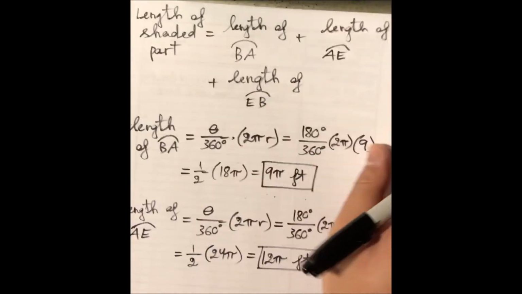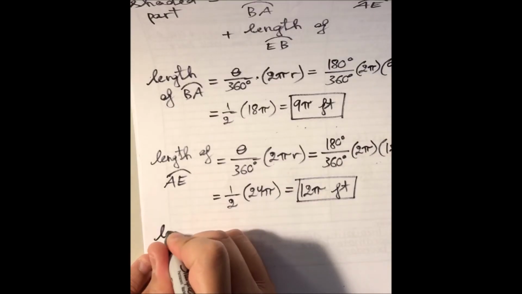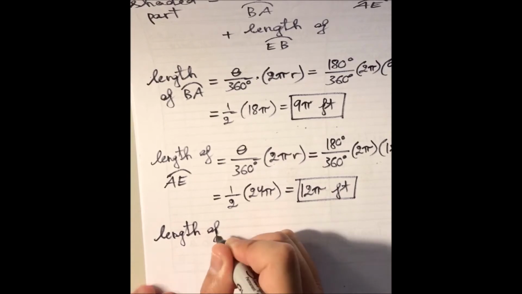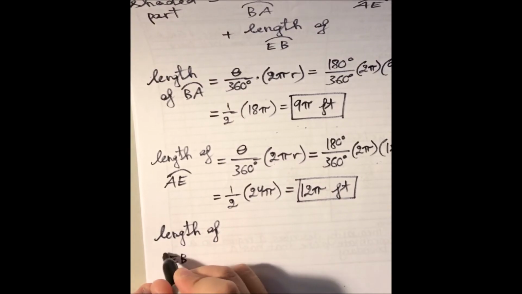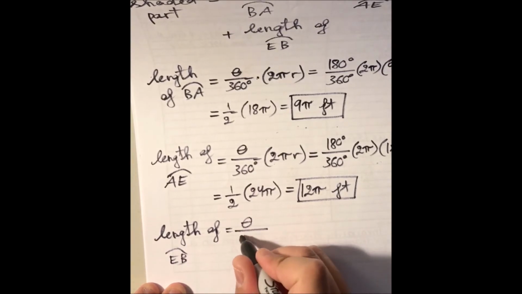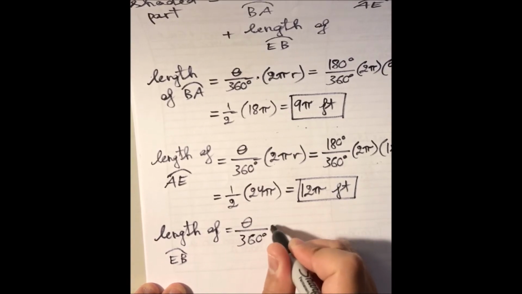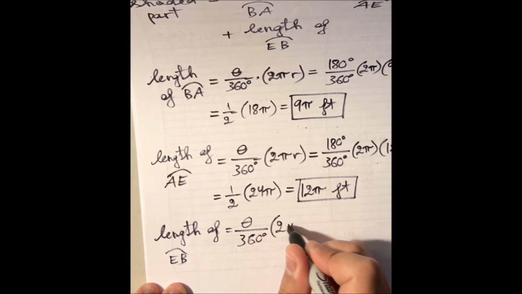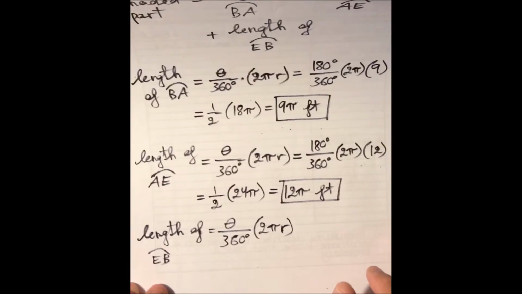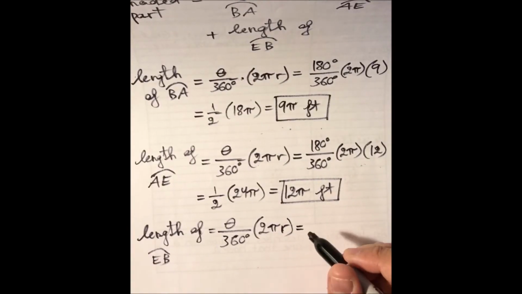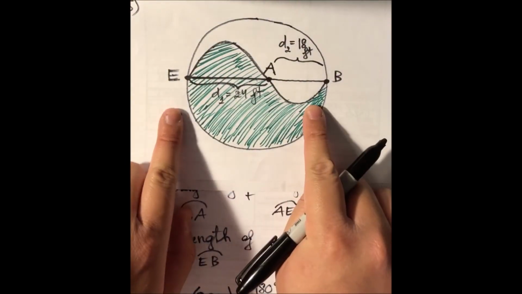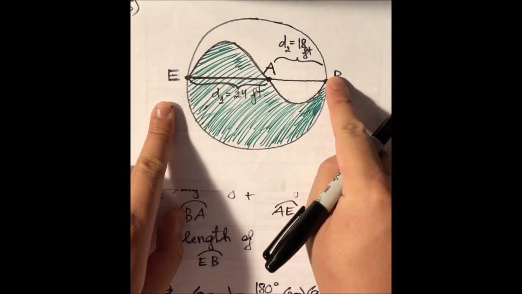Now let's find the length of the third part. So the length of minor arc EB is still going to be the central angle theta divided by 360 degrees multiplied by 2 pi r, which is the formula for the circumference of a circle. If we take a look at the arc from E to B, it's another semicircle.